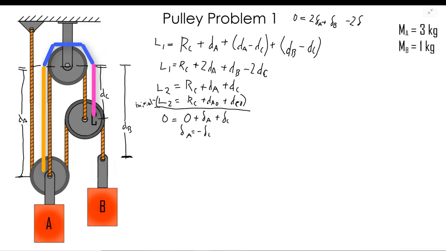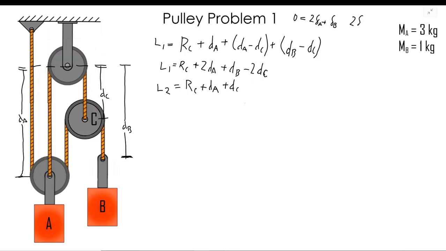So we're going to combine that with our other one then. We're going to put that up here. So negative 2 delta C, that's supposed to be a C, is really just 2 delta A. Let's rewrite that real quick. 2 delta A plus 2 delta A is going to be 4 delta A in the end.